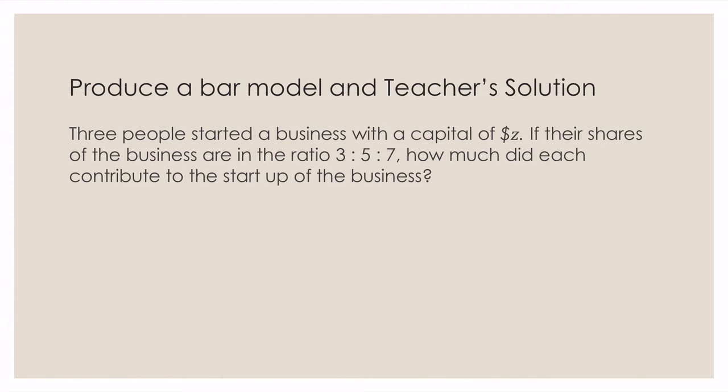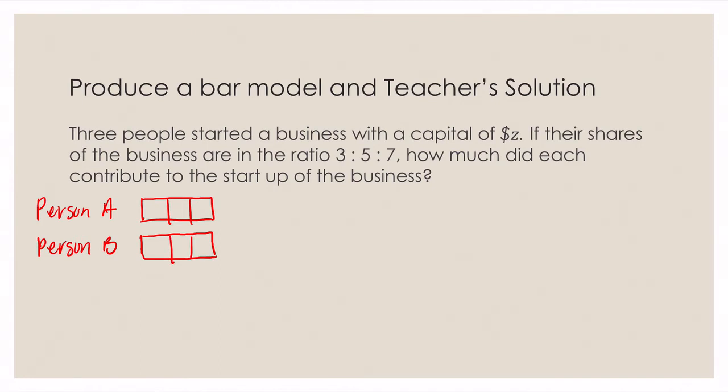Well, let's take a look at person A, B, and C. Their bars. So person A contributed 3 units. Person B contributed 5 units. So it's the same as the 3 units plus 2 more.